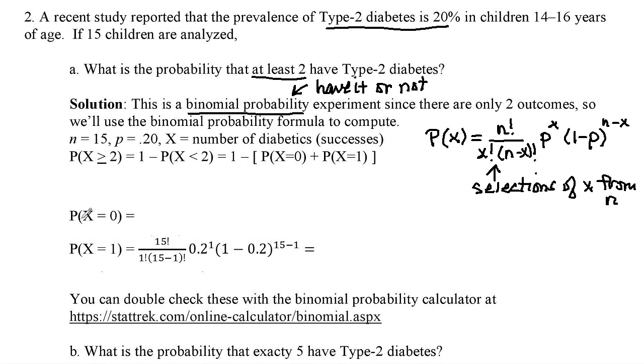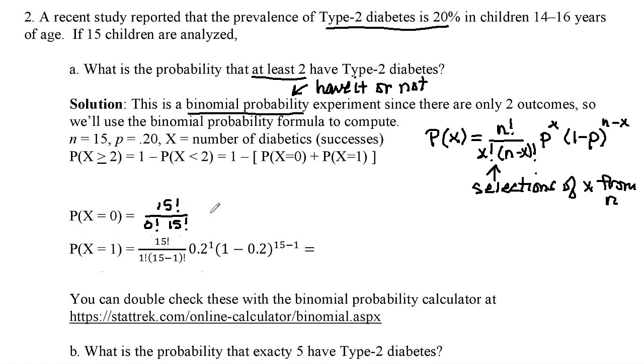So probability that x is equal to 0. Okay, so n is 15, so this is going to be 15 factorial up on the top. And then down on the bottom we do x factorial. Well, our x is 0, so that's going to be 0 factorial. And then here, 15 minus 0 is going to be 15 factorial. So remember, factorial means 15 times 14 times 13 times 12, all the way down to 1.